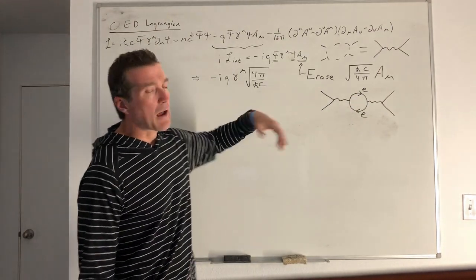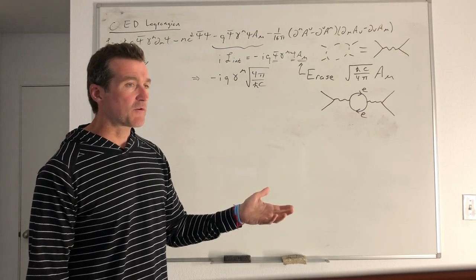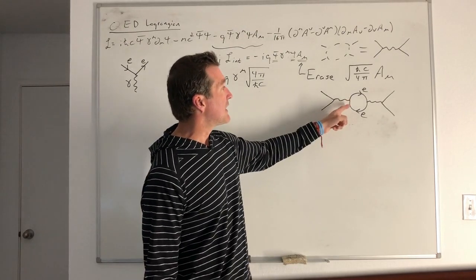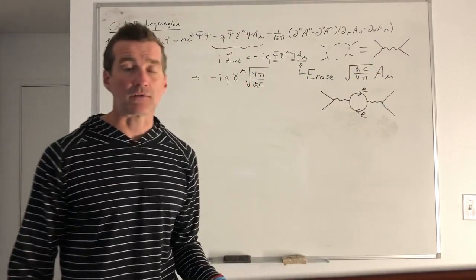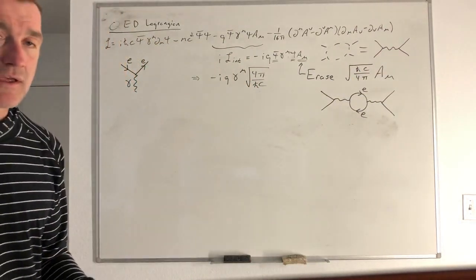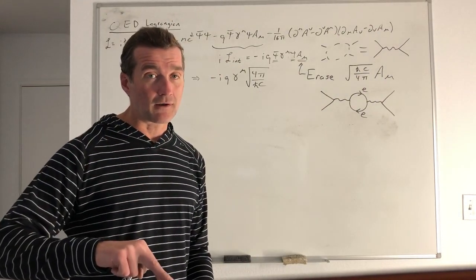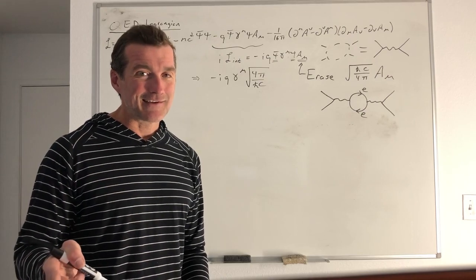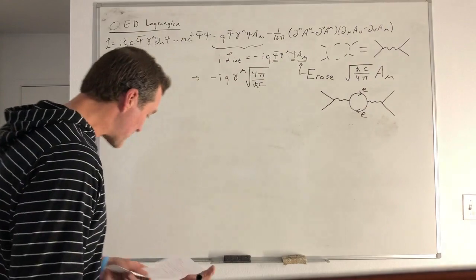So we need to get expressions for propagators for both internal or virtual spinors and for virtual photons, which are gauge bosons. Okay, so there's going to be 2 of these we have to do. One of them is way easier than the other. And surprisingly, the spinor is easier. Okay, so I'll start with the spinor.